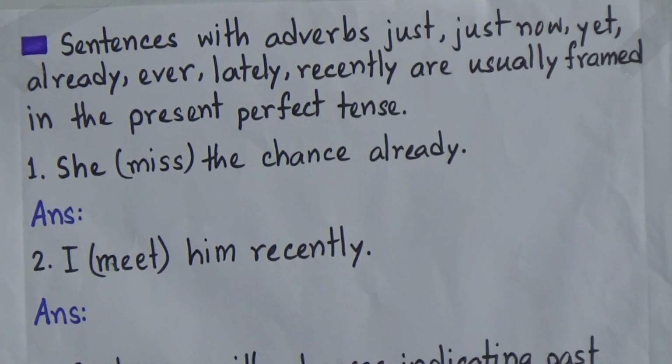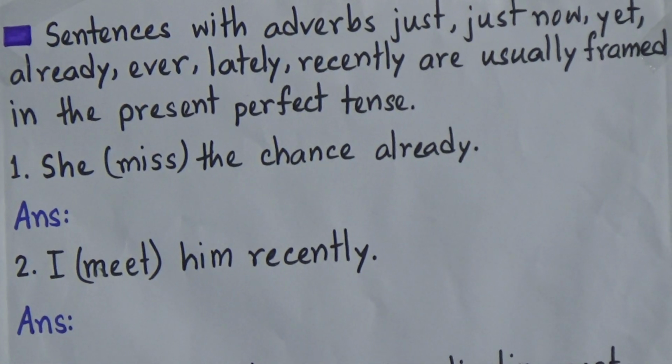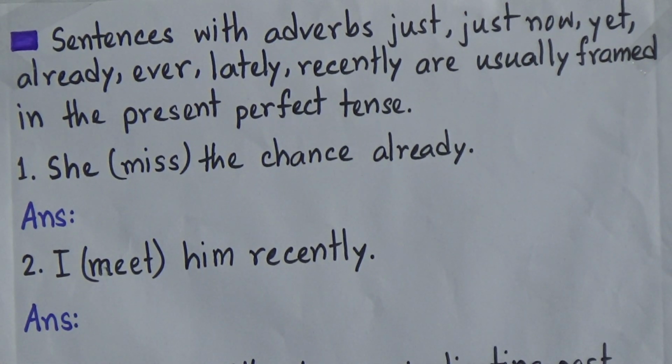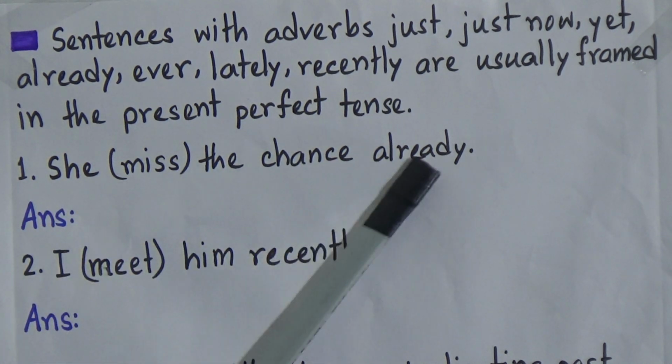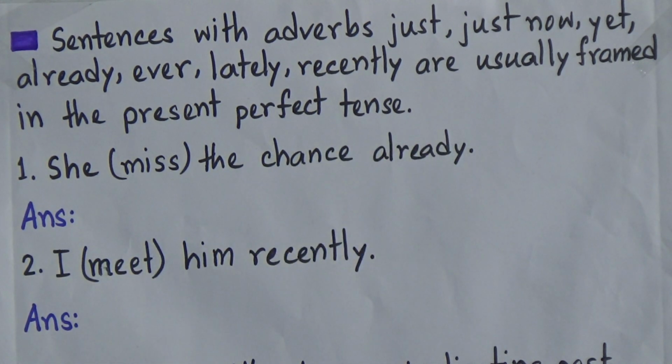That means after the subject there will be the have or has verb, and then we will write the past participle form of the verb. Now look at this example: she missed the chance already. There is the word already, so it will be present perfect tense.